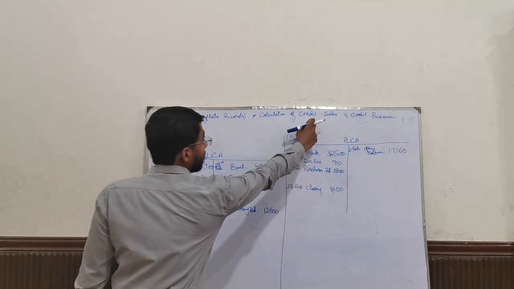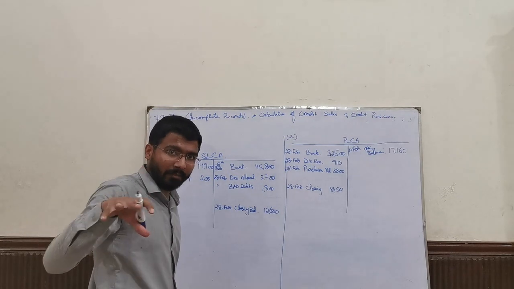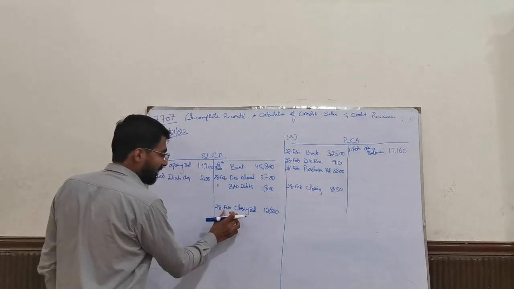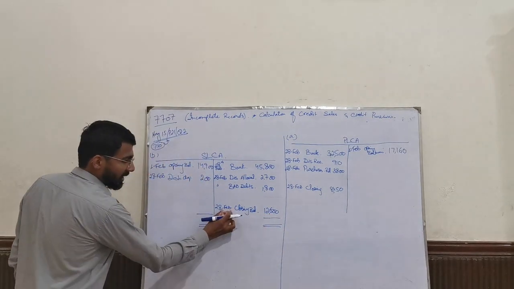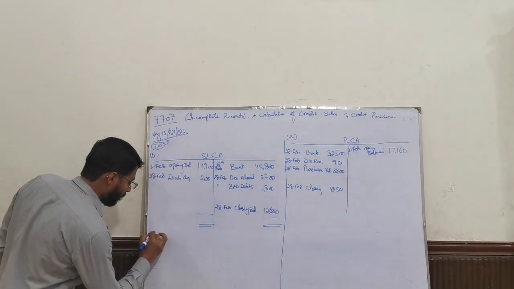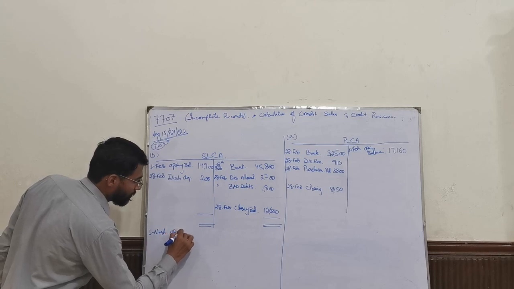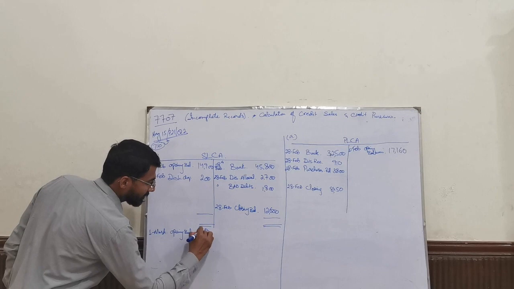Before I move with the next part, or I tell you the main calculating figure, which is credit sales or credit purchase, I would like you people to make one thing your habit. Always make the opening of the next month. This is the closing balance. I am going to make a double line over here. The next month after February is March. On 1st of March, I am going to write it as opening balance 12,600.